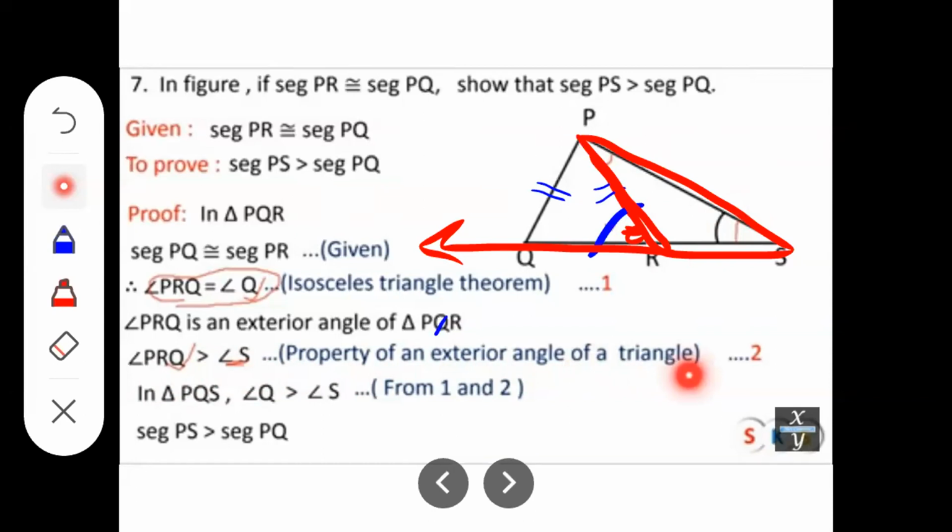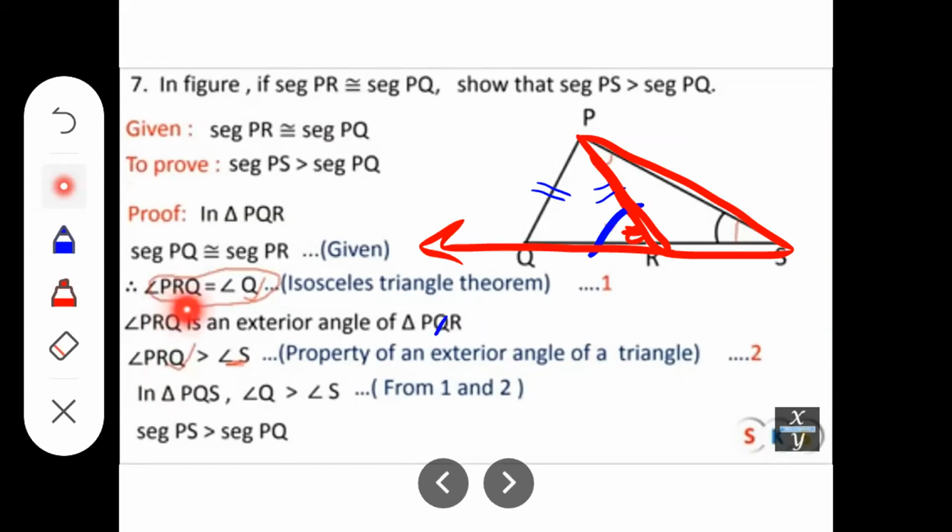Now see equation 1 and 2. Equation 1 is this one and 2 is here. Angle PRQ is here also and PRQ is here also.